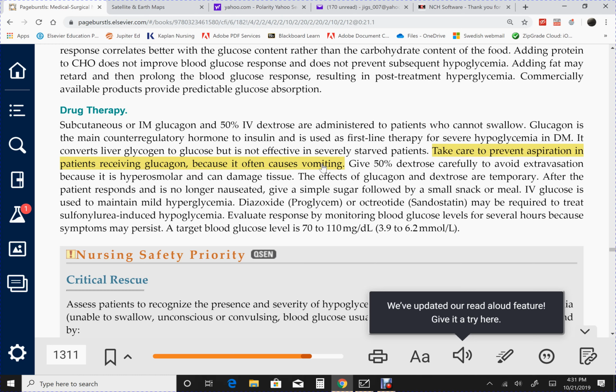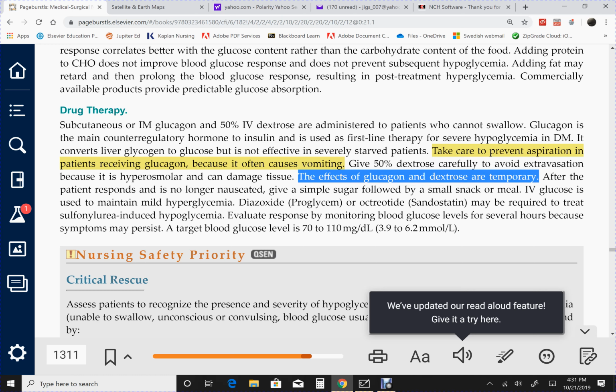In the hospital, we can give 50% dextrose IV. This comes in an ampule. You can go in the sim lab and I'll show you what 50% dextrose looks like. Here's something to remember. The effects of glucagon and dextrose are temporary, meaning these are not permanent fixes.